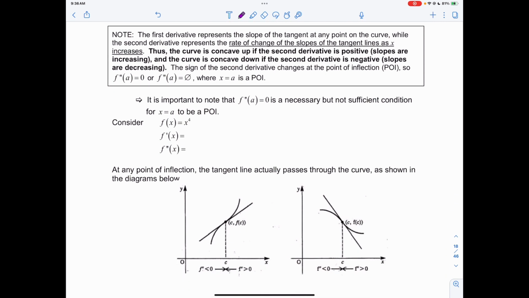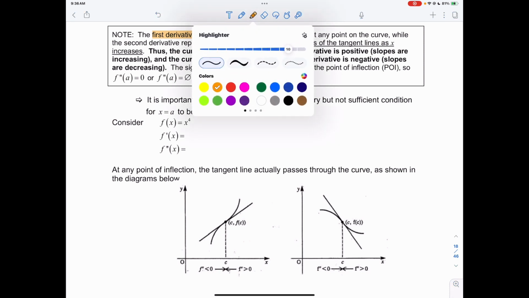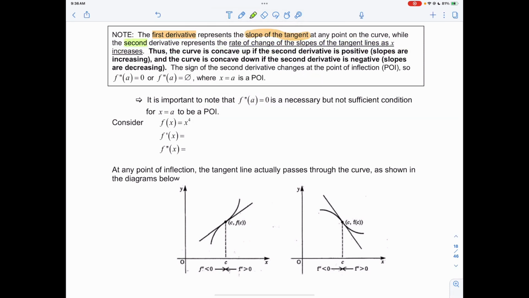Note, the first derivative represents the slope of the tangent at any point in the curve. The second derivative represents the rate of change of the slopes of the tangent lines.